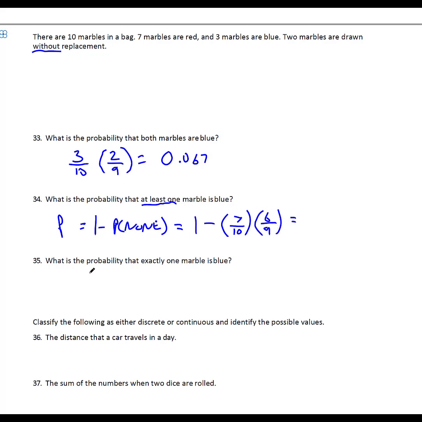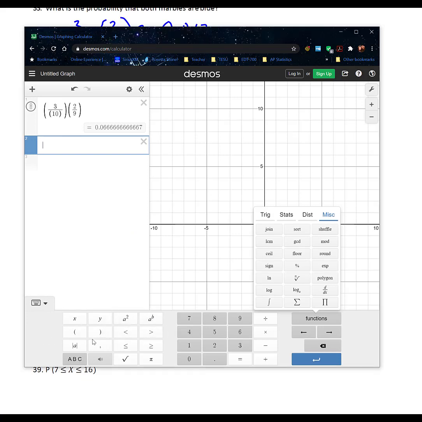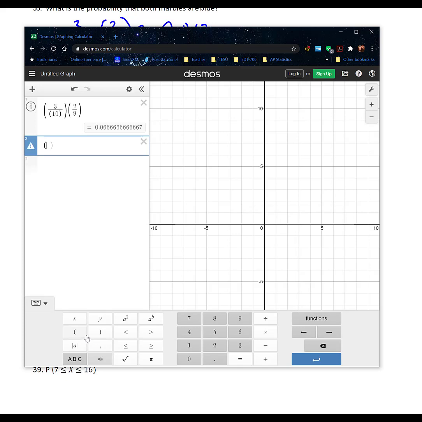Let's see what that gives us. Alright, so let's go here. Parentheses first.